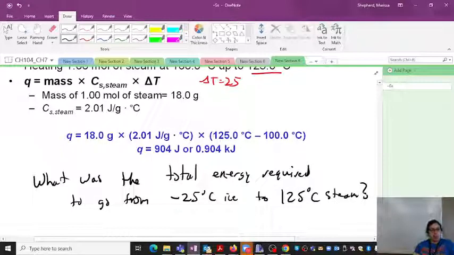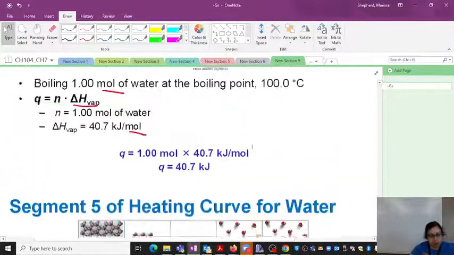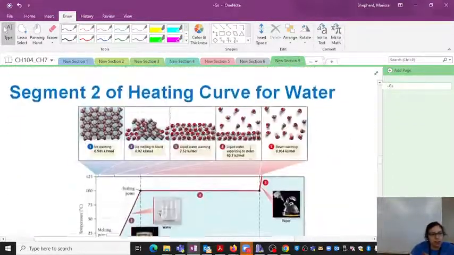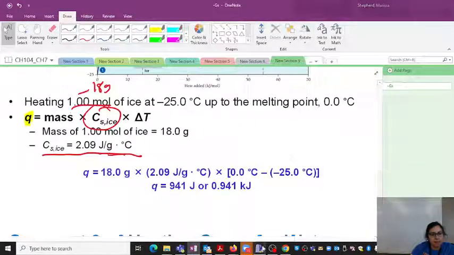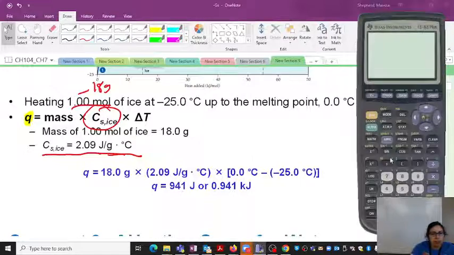And of course, to answer this, we just have to go back and add all the little components up of each leg. So let's start back at segment 1 here. And just make sure you're in the same unit. So I'm going to go with our kilojoule number here.